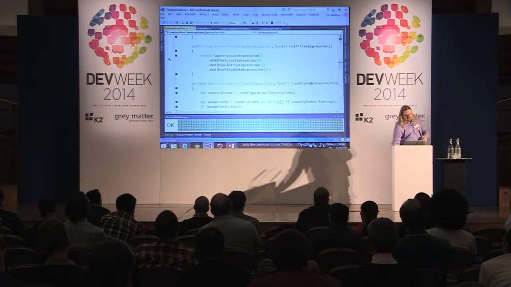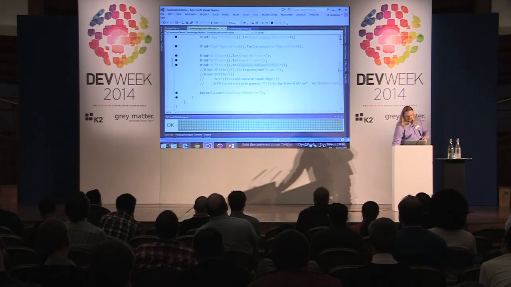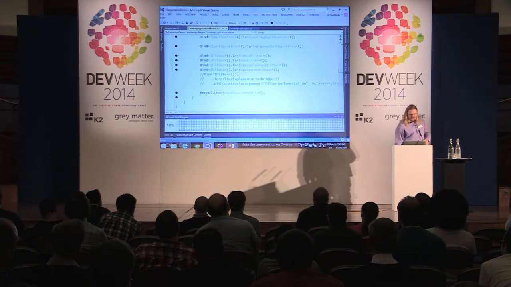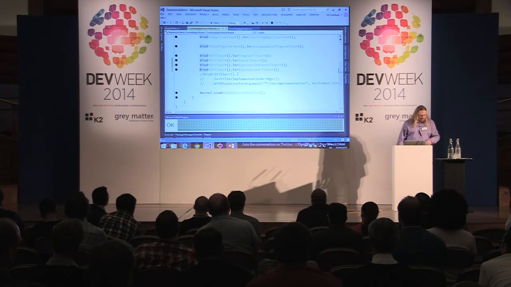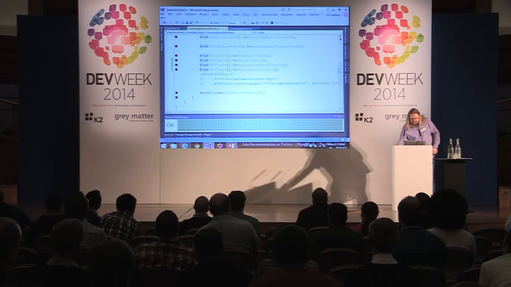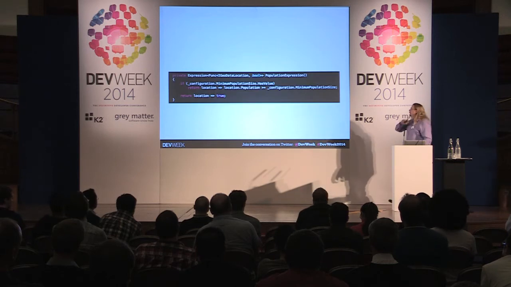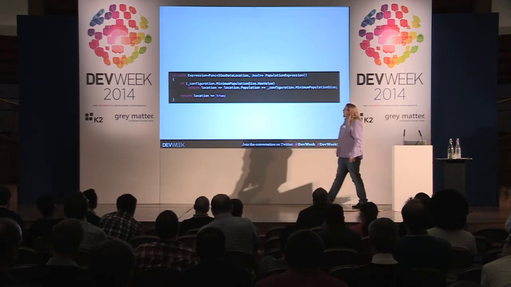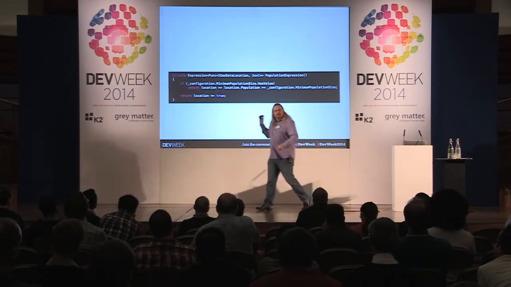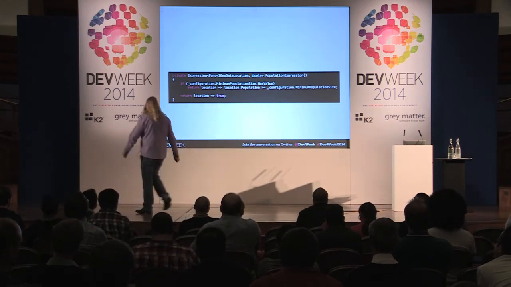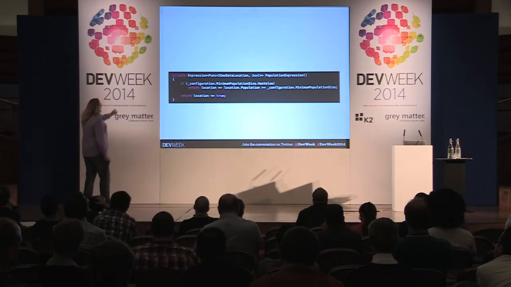So let's go back to our application. This time around, we're going to go to an expression filter. Here's our population expression. Can you read this at the back, by the way? This makes it right. Okay. So there's our test.